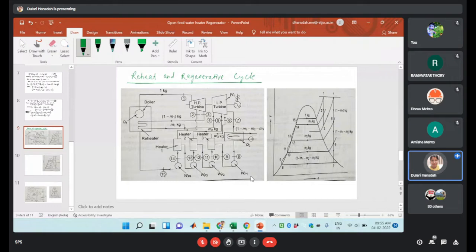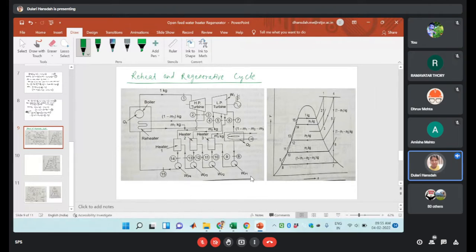In between, at point 2, some steam is drawn, and that steam will be utilized at heater 1.